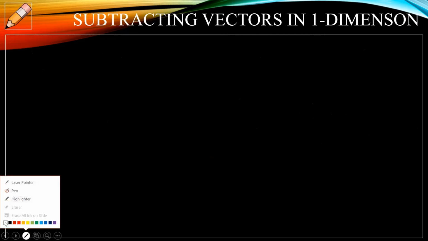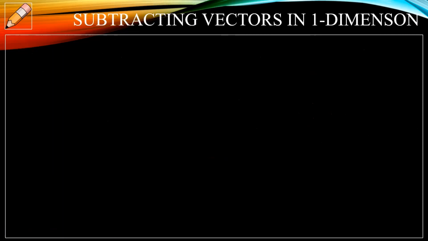And so the last thing that I wanted to talk about is subtracting vectors. And before we really talk about subtracting them, it's important to note that vectors can be negative. Let me fix my handwriting, sorry about that. Vectors can be negative.